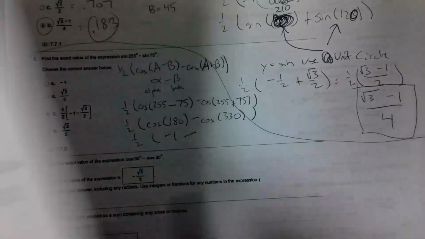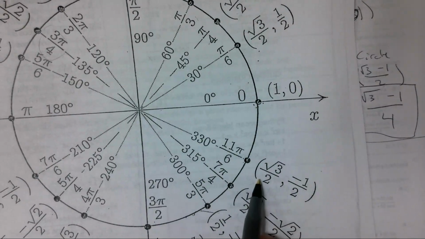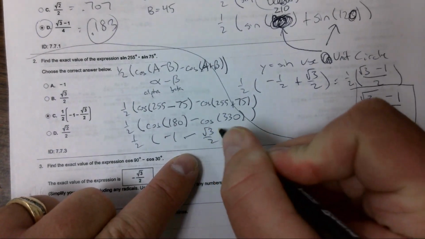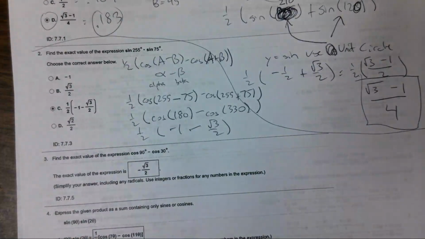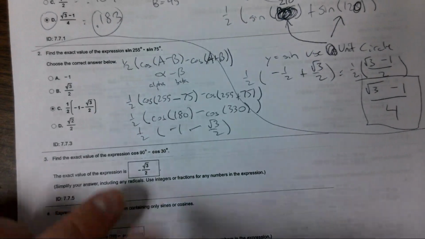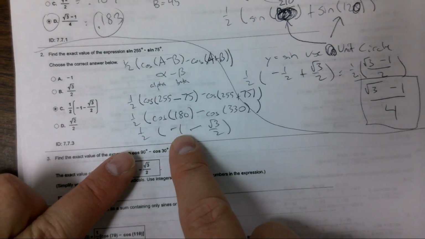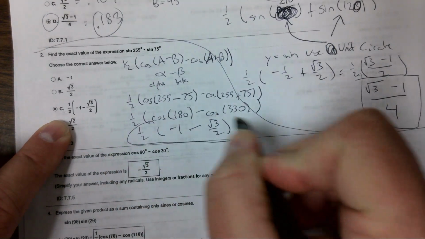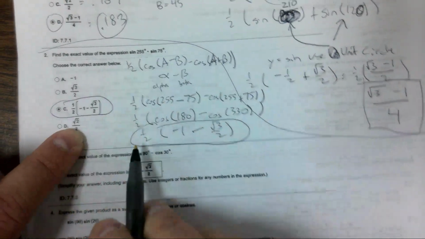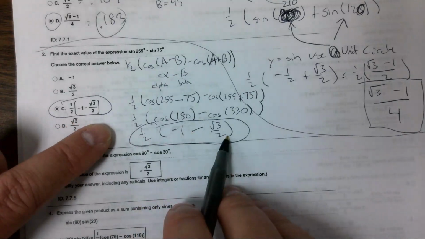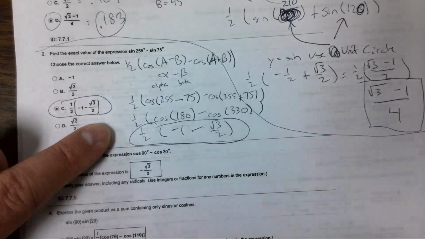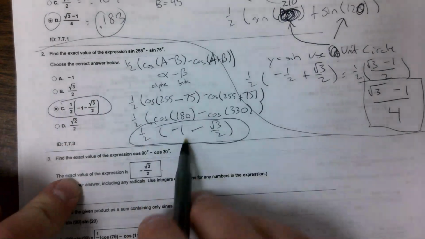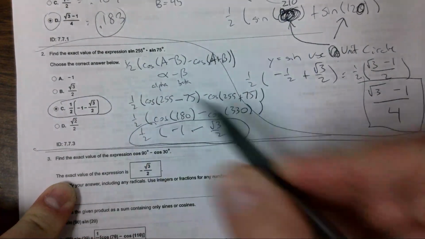So I go to 330. Cosine is x, so I get square root of 3 over 2. Now, we got to get a common denominator. No, actually, we're done. This matches this. 1/2, -1 minus square root of 3 over 2. Of course, you probably could have done your test strategy since it's multiple choice, but there it is. Learn how to use the formula.